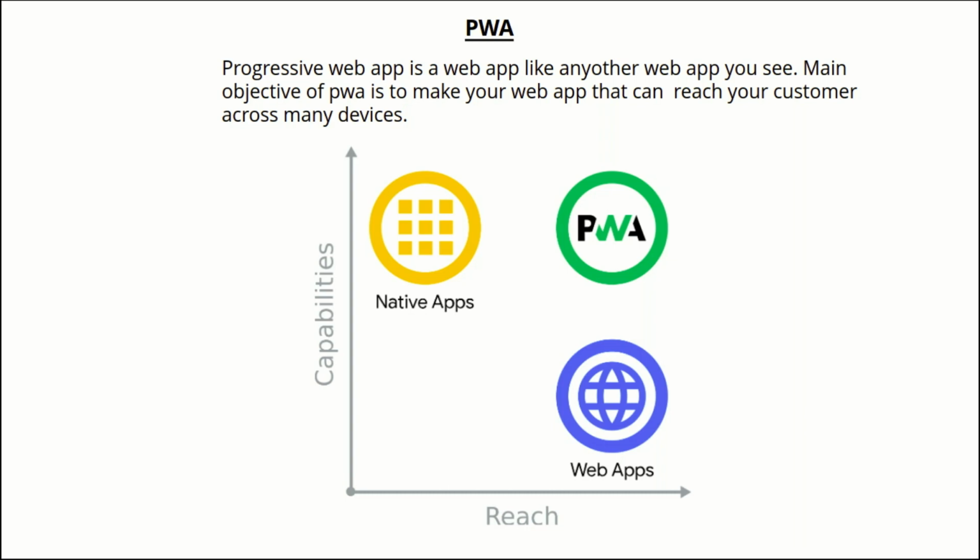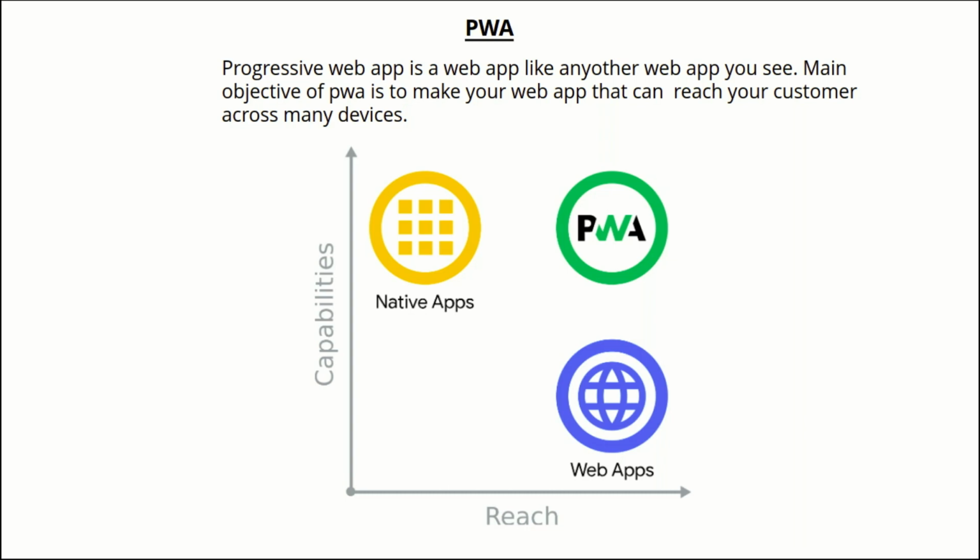Like suppose you want to build a video editing app, an audio editing app, or VR, AR, virtual reality, this type of thing, you face problems in a PWA. But simple things, from a basic website to an e-commerce website, you can build with a PWA.